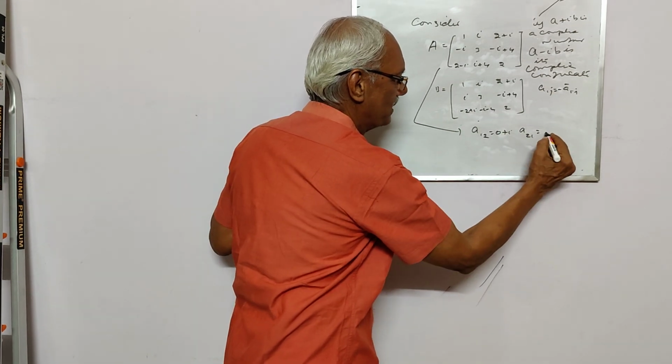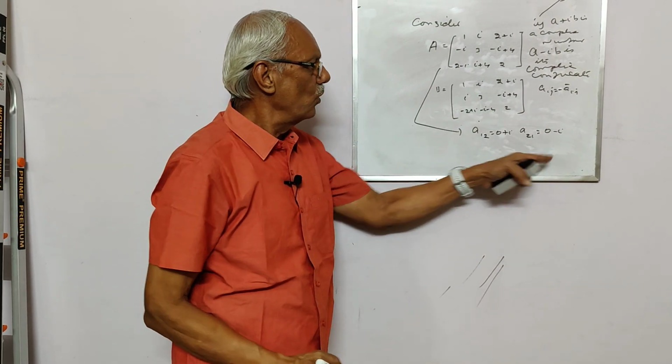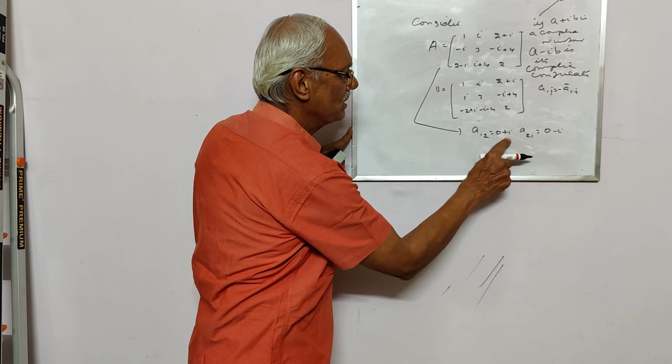Simply change the plus to minus: 0 minus I. So here A12 is 0 plus I.